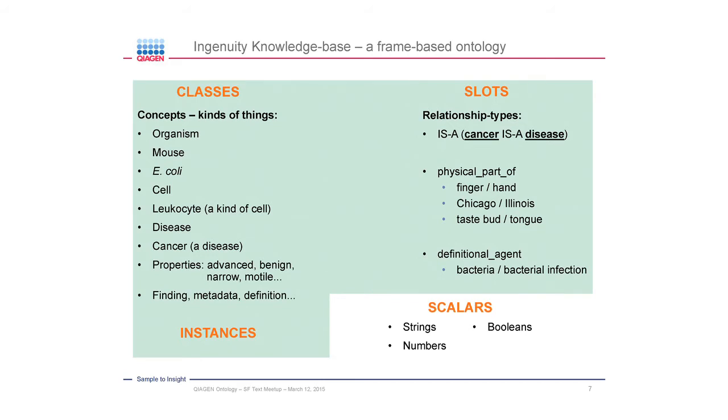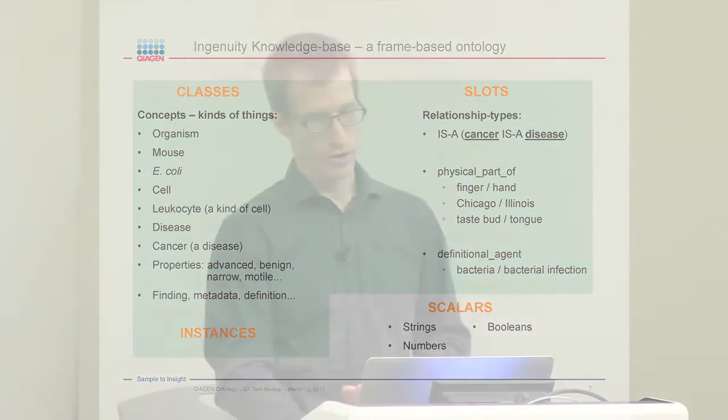And scalars are not. So a frame here is not a use of the term that I think we're used to hearing. It doesn't mean a box around something, but rather think of it as a superclass, if you will, for the idea of classes and instances and slots.